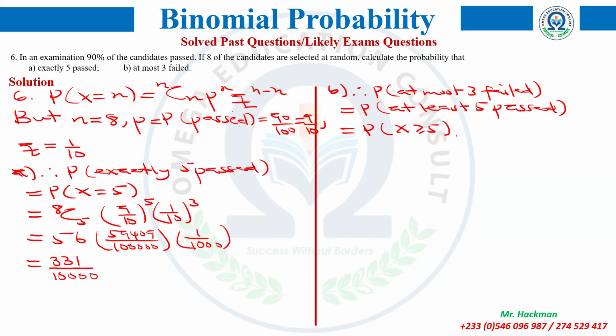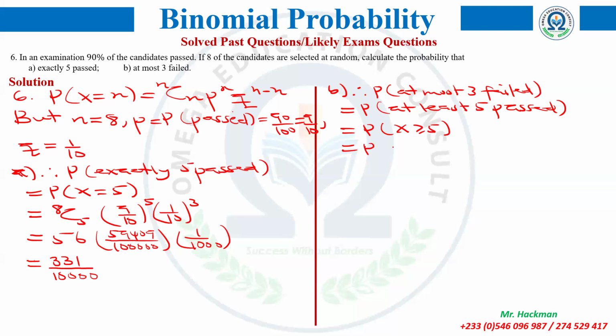Now this will determine the direction. If you go the normal direction, you do 5, 6, 7 and 8. If you go the other direction, you do 0, 1, 2, 3, 4. So which direction do we go for? Normal direction or opposite direction? Normal.